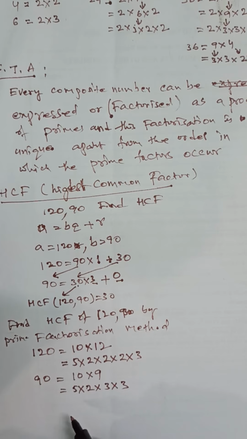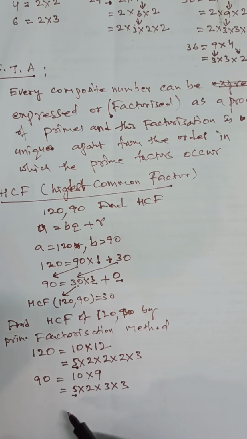Now select the common factors here, that means those which exist in both the factors of 120 and 90. So here 5 is a factor and it also occurs in 90. So 5 is the common factor, that means it is present in both 120 and 90.